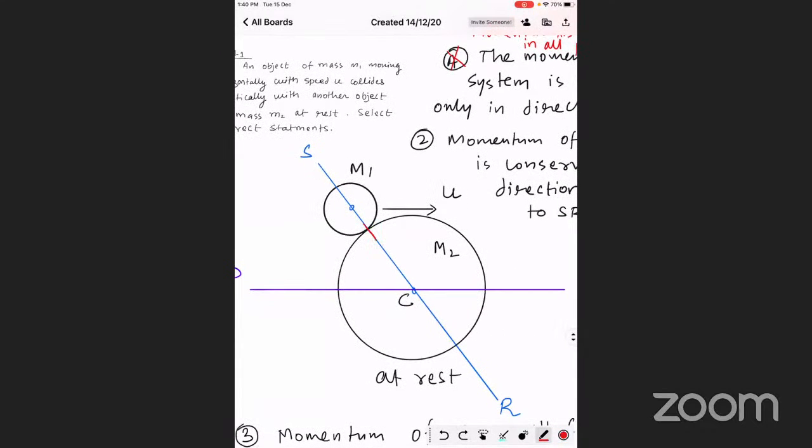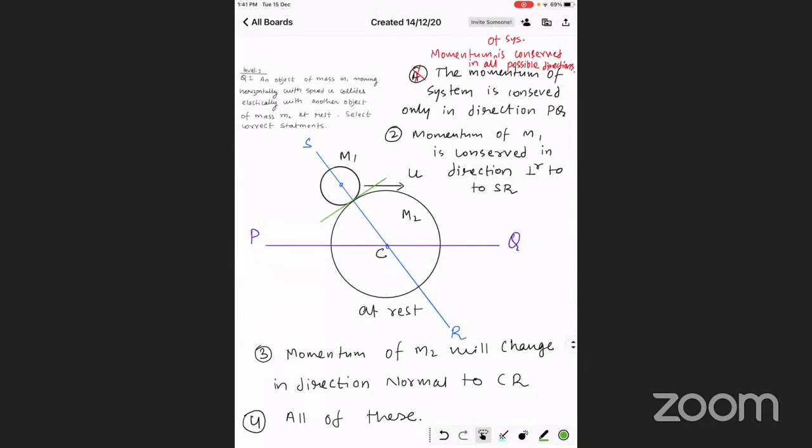So in which direction will momentum of M1 not change? In which direction is there no force on M1? Normal to SR. There is no force on M1 along the green line. So momentum of M1 is conserved in the direction perpendicular to SR. Could you understand that? So the second is correct.